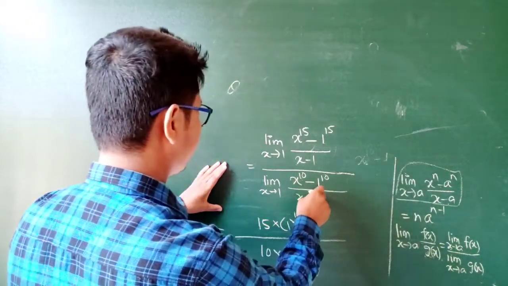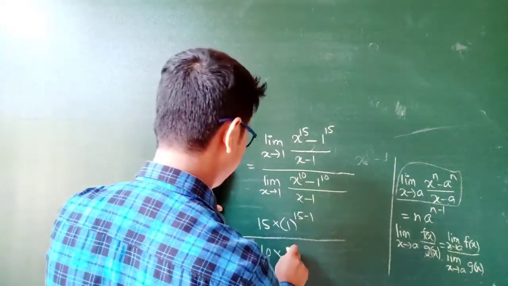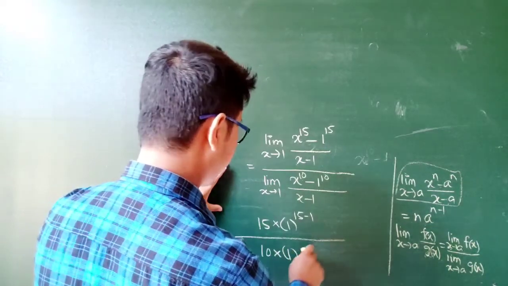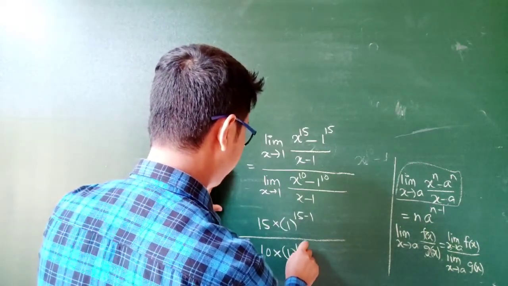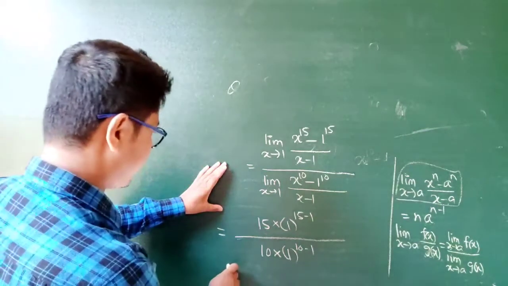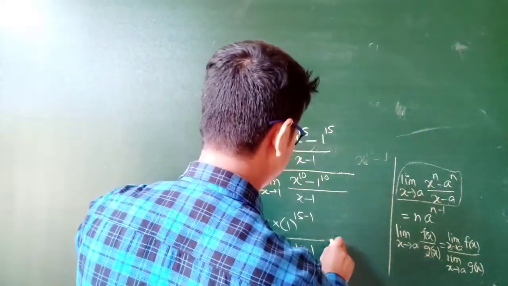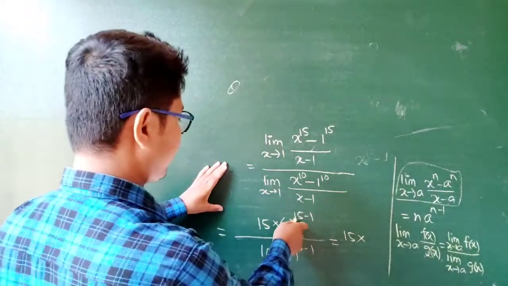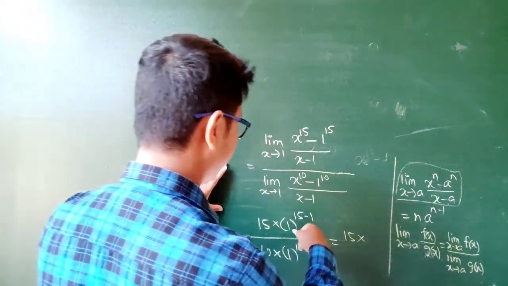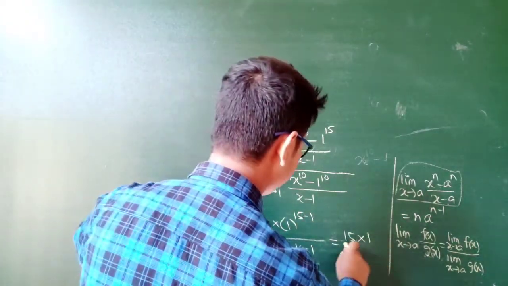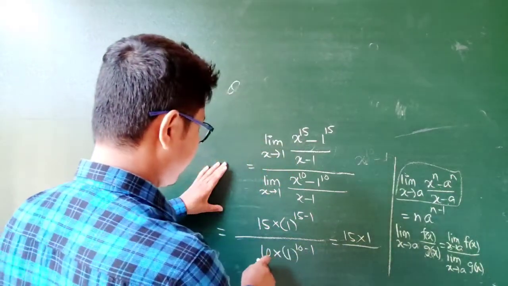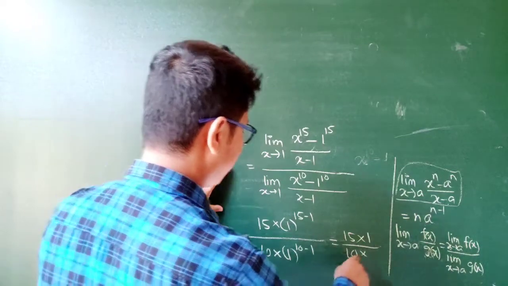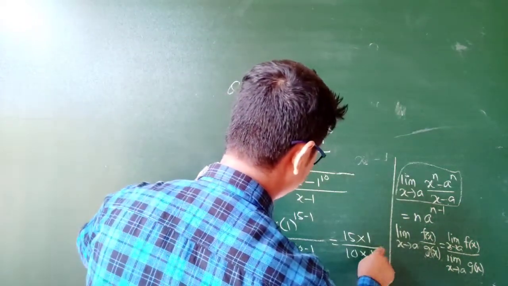Here in the denominator also the value of a is 1, right? So 1 to the power 10 minus 1. So now from here we have 15 into 1 to the power 15 minus 1, that means 1 to the power 14, which will give you again 1, and in the denominator we have 10 into 1 to the power 9, which is again equal to 1.